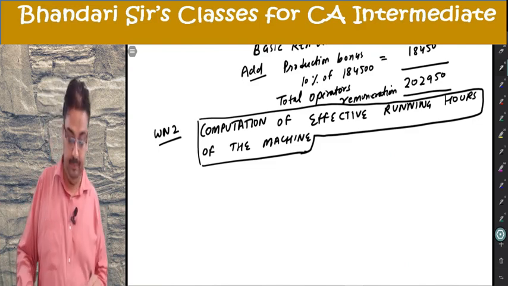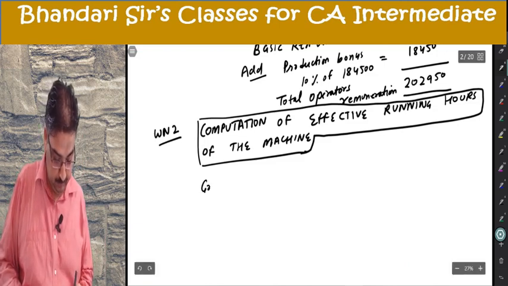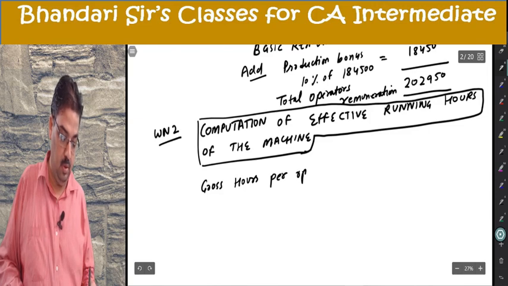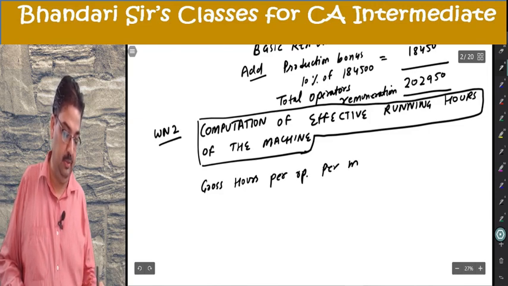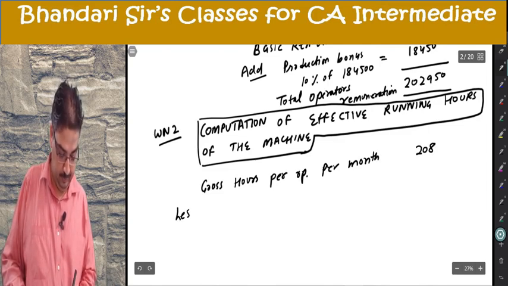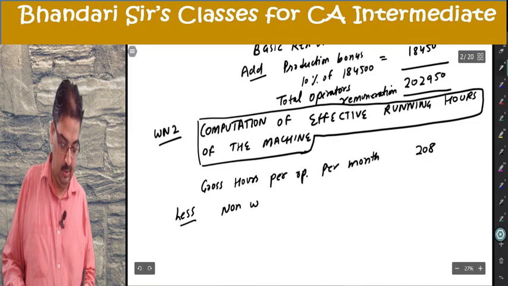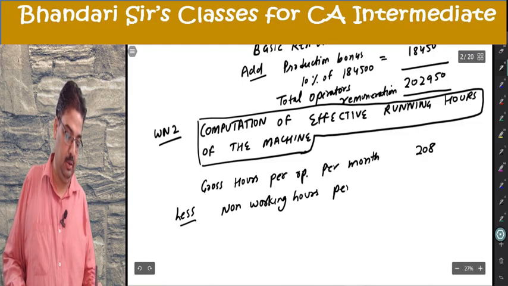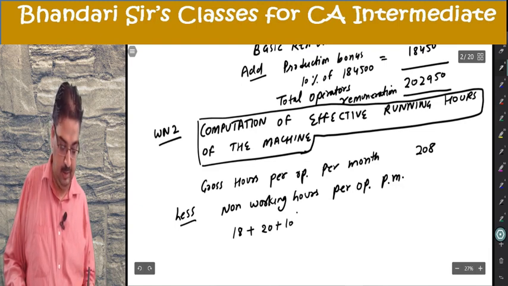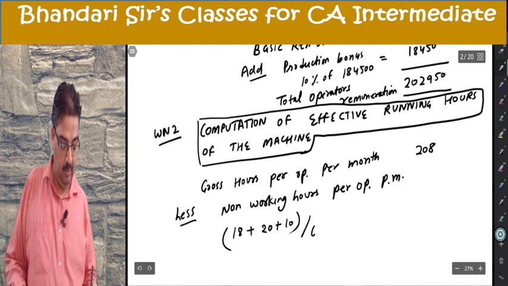Everything will be deducted. So, gross hours per operator per month 208, less non-working hours per operator per month, 18 plus 20 plus 10, divide by 6 months to make it per month.